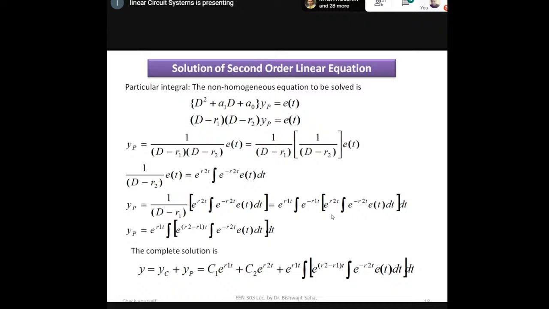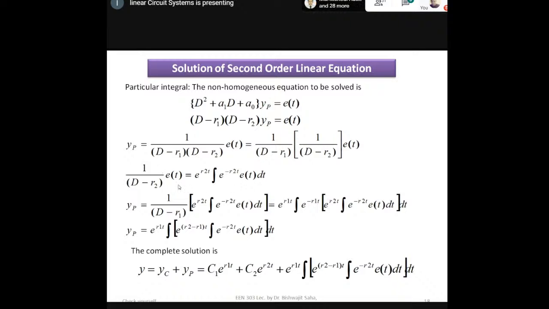On the right side, if you look, e to the power r2t, integration of e to the power minus r2t u of t dt. Can you remember this part coming from this line? Because this one was derived as a particular integral of first order equation, right?